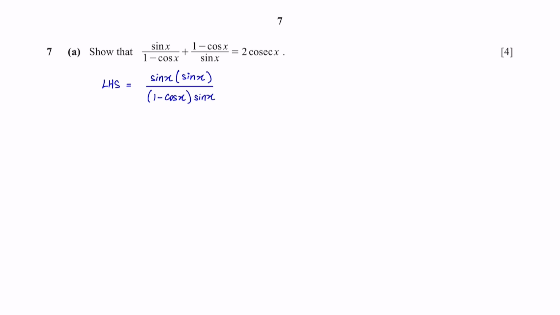So this is how we should do it to make them have the same denominator. And the second term, we multiply it by 1 minus cos x, so the numerator and the denominator.